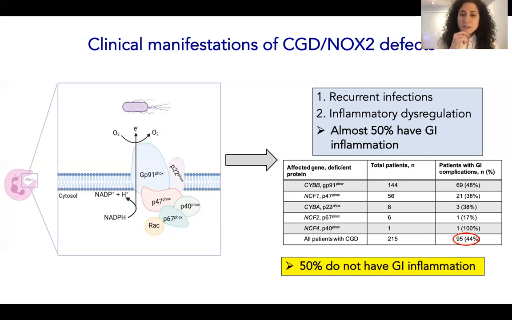However, it is interesting that this would mean that 50% of patients with CGD do not have gastrointestinal inflammation, leading us to wonder about other extrinsic factors which could be impacting susceptibility to gastrointestinal inflammation in patients with CGD.